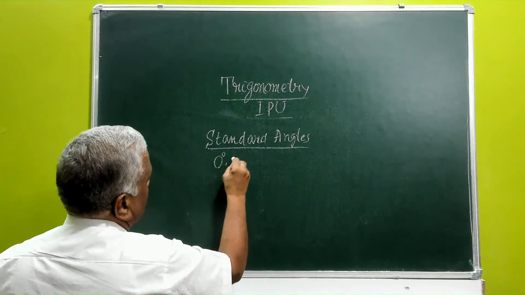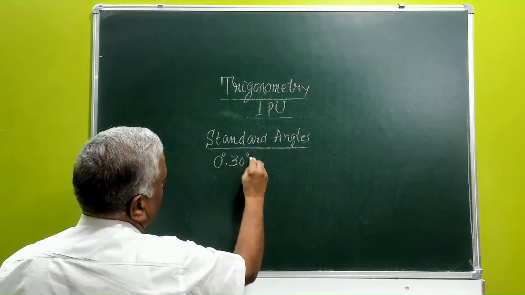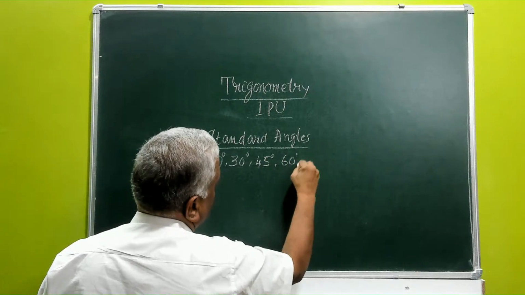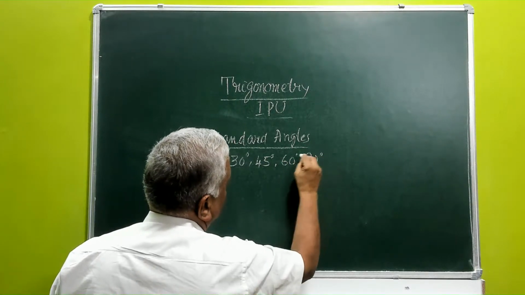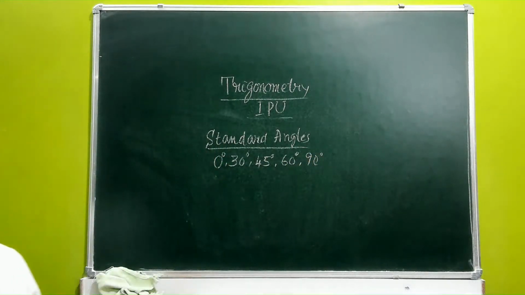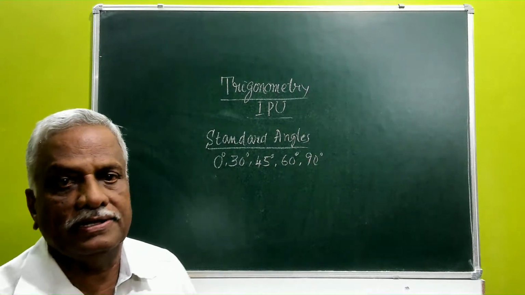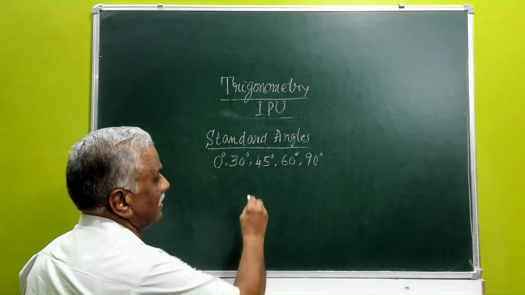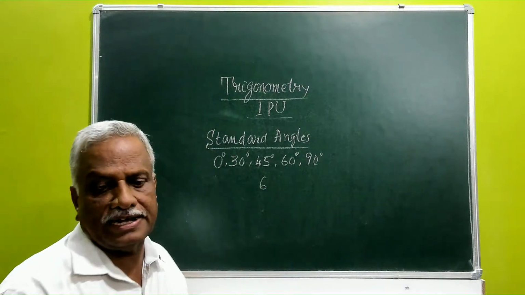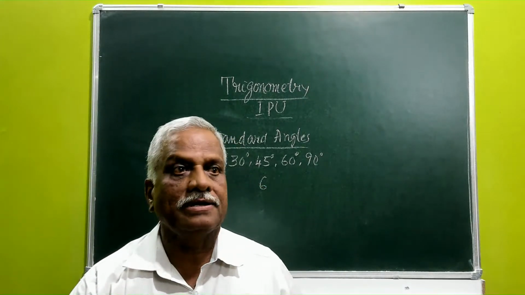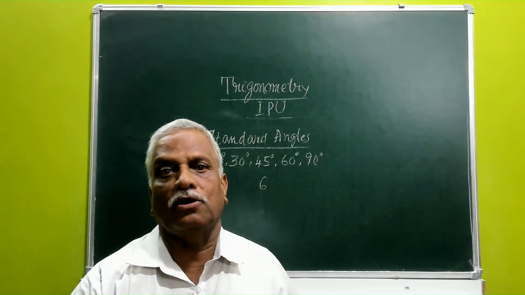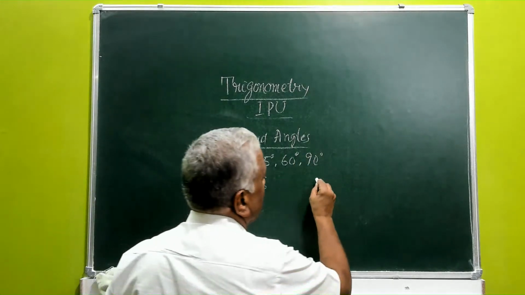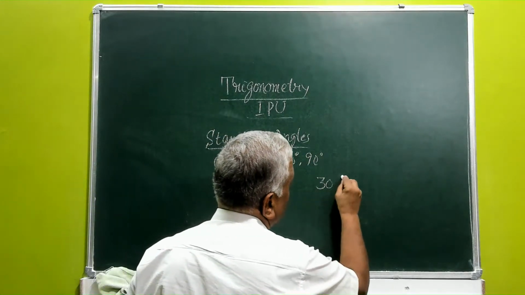Zero degrees, 30 degrees, 45 degrees, 60 degrees, and 90 degrees. You need to remember the standard angles of all the trigonometric functions. How many are there? 6. Sine, cos, tan, cosecant, secant, and cot. So there are 5 standard angles. Totally, you need to remember 30 formulas.